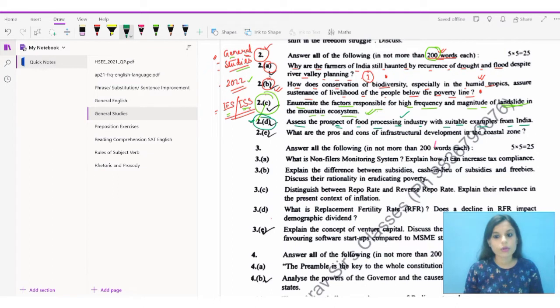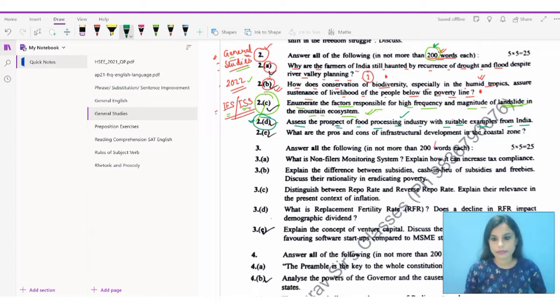So we also need to give certain suitable examples, and you cannot make up the examples. You have to give real examples. Let's see what kind of points we could have incorporated in this answer. And let me tell you, here you have to write within 200 words, not exceeding it.